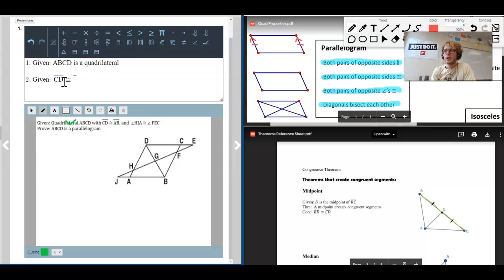And I agree with you, okay? So this given says that CD is congruent to AB. And if we're looking at this diagram, CD is here, AB is here, and they're congruent, okay? And that does mean that opposite sides are congruent.